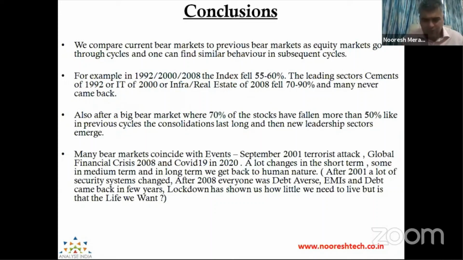Also, a lot of bear markets coincide with bad events, which aggravates the underlying conditions much more. The 2001 terrorist attack, the global financial crisis of 2008 when the bull market was already doing well, and COVID in 2020. What we've noticed is a lot of change in the short term, some in the medium term, and in the long term we get back to human nature.